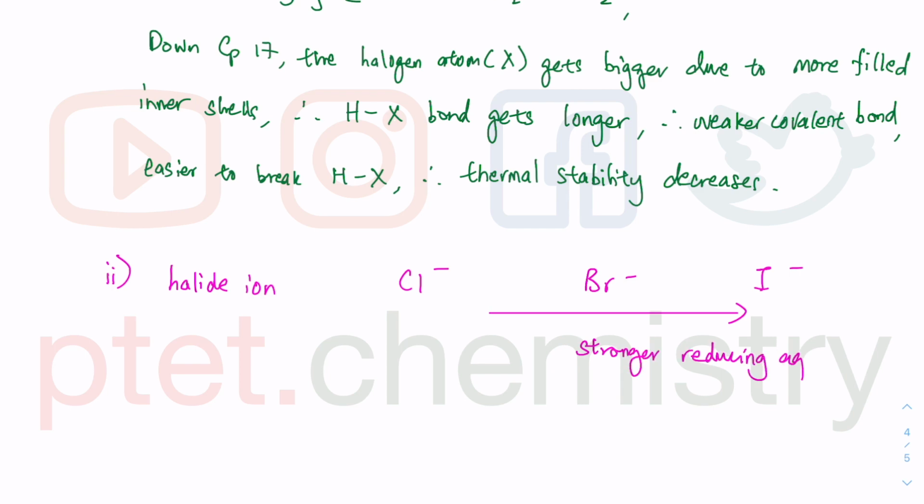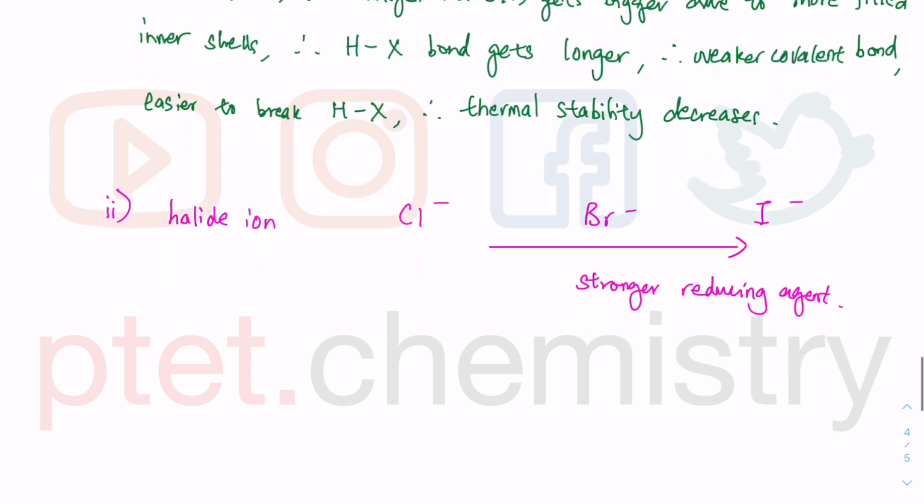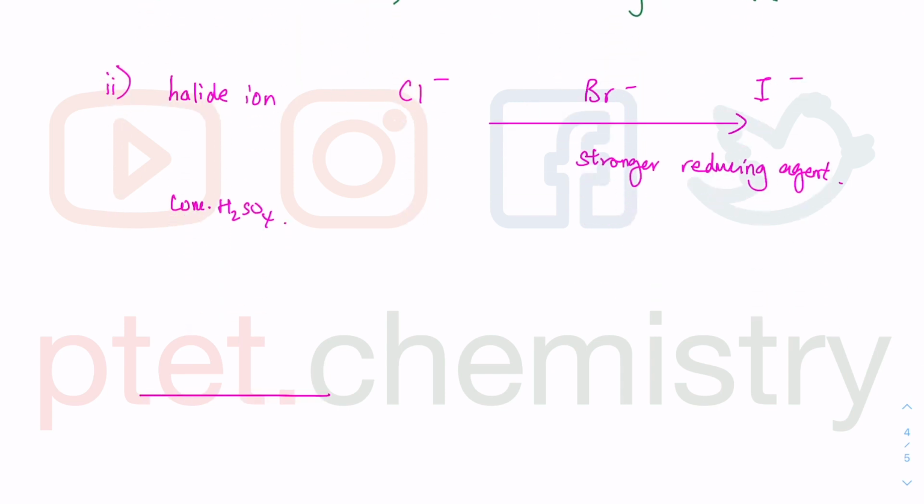And you are reacting all of these with concentrated sulfuric acid. In terms of oxidizing ability, it's not given there, but I'm just outlining it for the explanation. So actually I should probably go the other way because I want to show that the halogens are oxidizing agents.